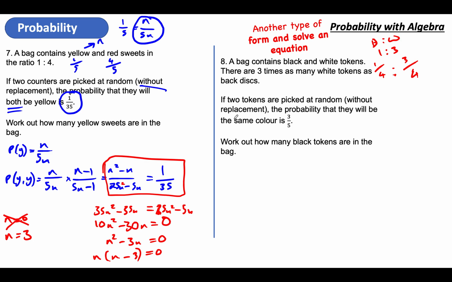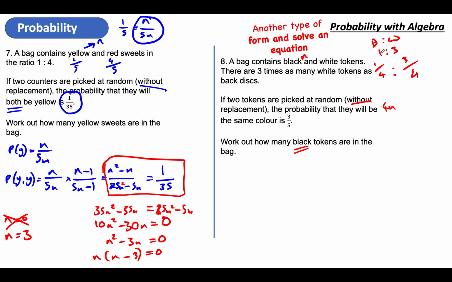Okay, if 2 tokens are picked at random without replacement, the probability that they will be the same color is 3/5. There are 2 ways we could do that, aren't there? We want to know how many black tokens are in the bag. So let's say the black tokens is n. Just like before, that means the total number is going to be 4n.